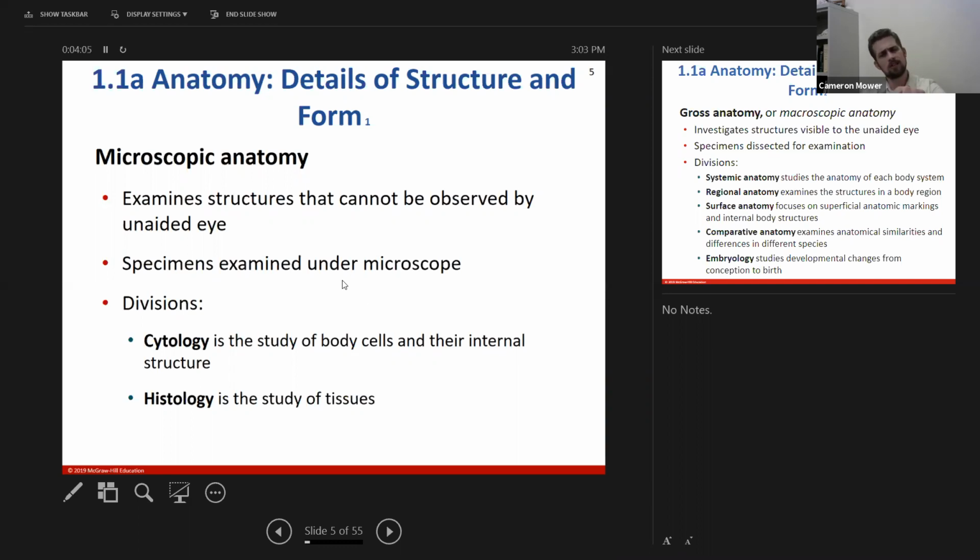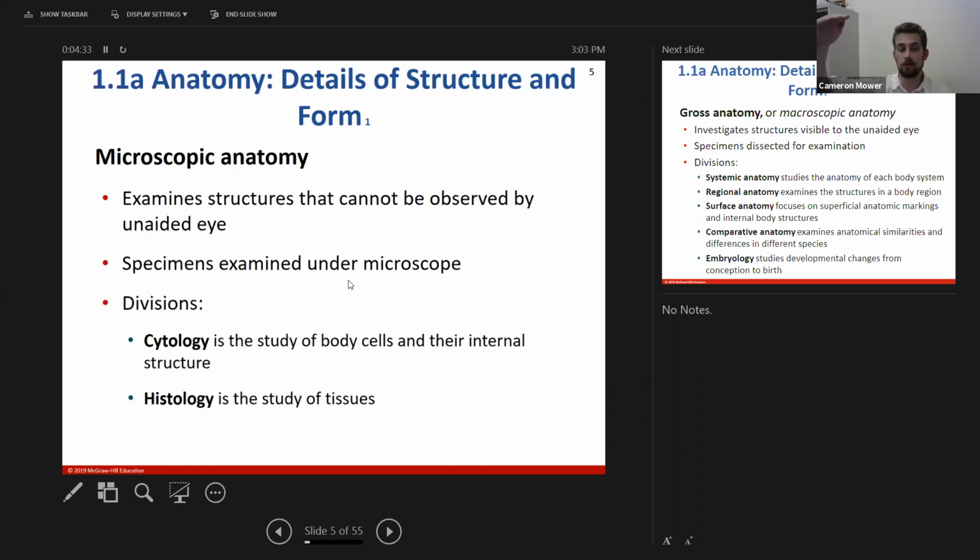Now, when we look at specimens under the microscopes, we're going to be dividing things into two divisions. We're going to either be studying the cells themselves and their internal structure, or we're going to be studying the group of cells and what their function is together. All right. Now, later on, we're going to talk a little bit about the hierarchy of the human body, which starts at the cell.